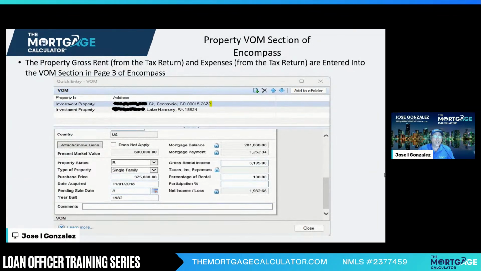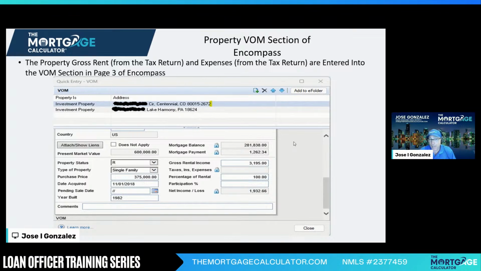And really importantly, now we're almost done here, but I wanted to point out this is the part in the application where the rental income breakdown is put. This is where most people mess up, right? Most people may not even know that this area exists, right?